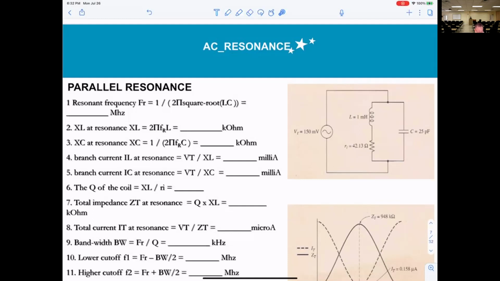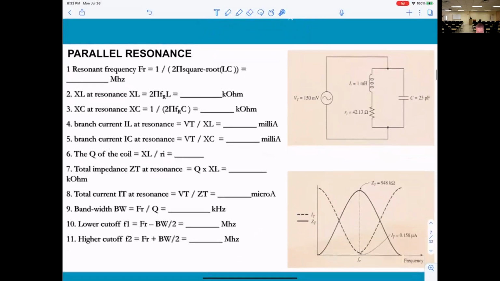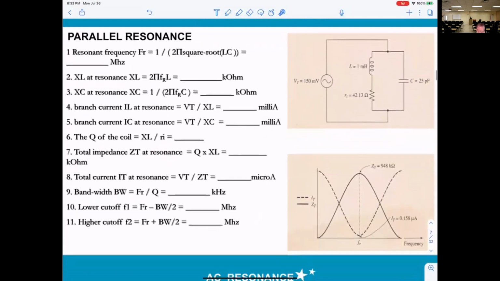Go ahead and do that calculation for me. Just tell me who can get the answer for the resonance frequency.